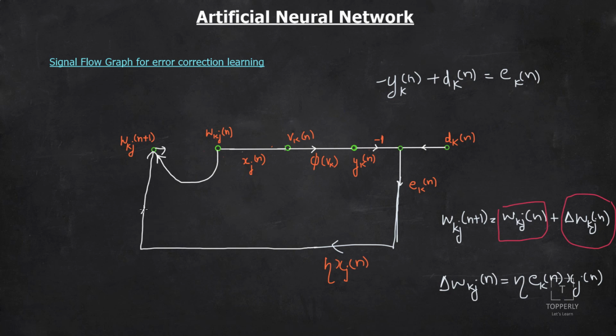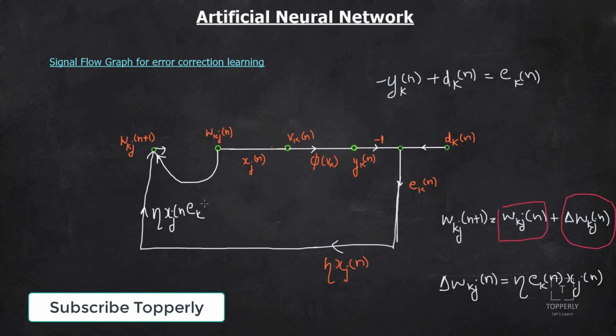This signal is nothing but eta xj of n into ek of n, and this signal is nothing but wkj of n, right? Now this wkj of n plus 1 should be the weight in the next iteration. In other words, this wkj of n plus 1 should be fed to this node only in the next iteration. For that, we will introduce a delay element over here.